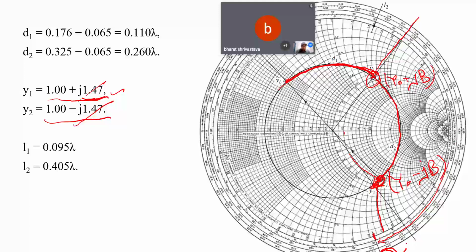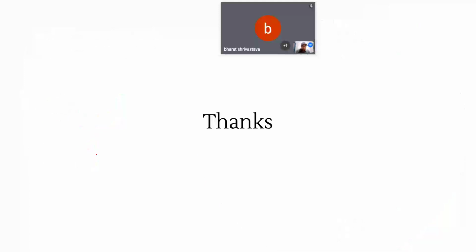Similarly, using this configuration, for nullifying the reactance part, you have to move additionally so as to reach this point. So this is the corresponding length of the stub tuner. I hope this will be clear to you. If you have any doubt, then please ask.